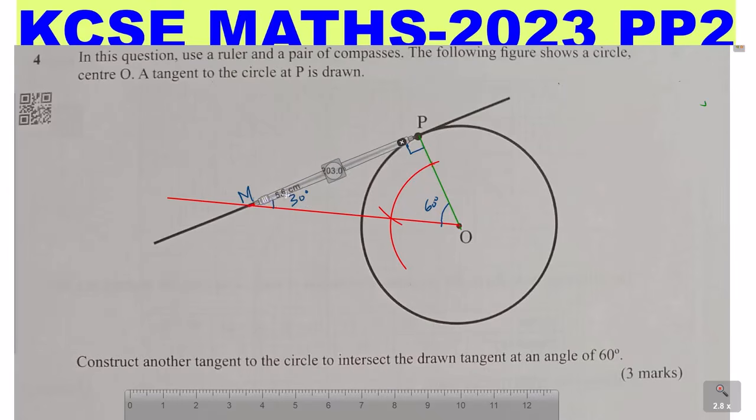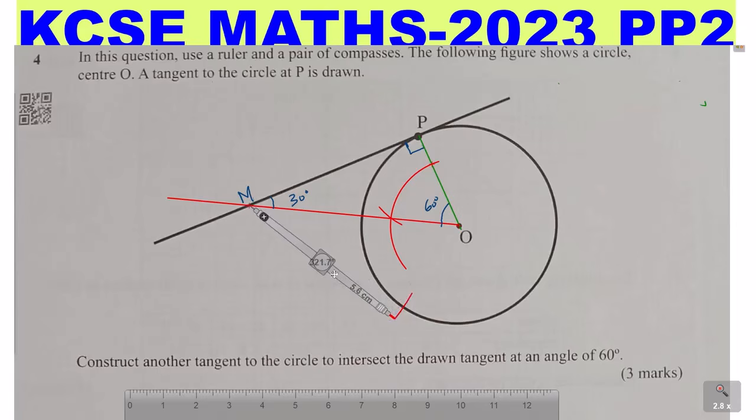Take that length, and then using that length, I will simply stand at M with that length and mark an arc, because we said tangents to a circle from a common external point are equal.